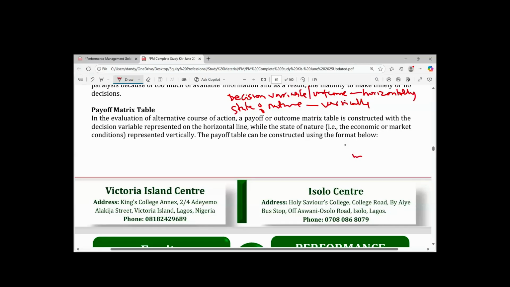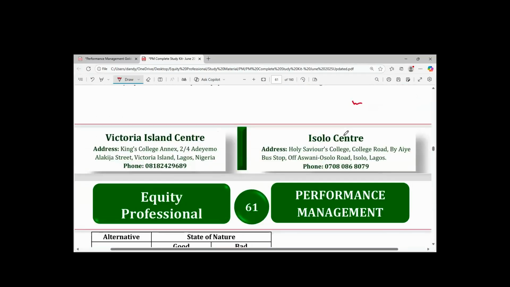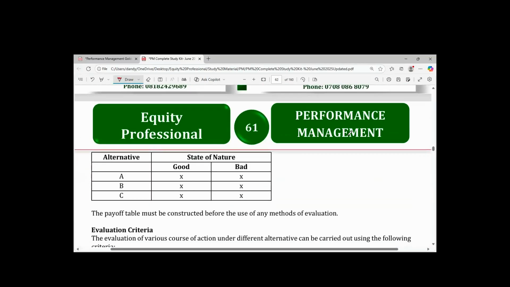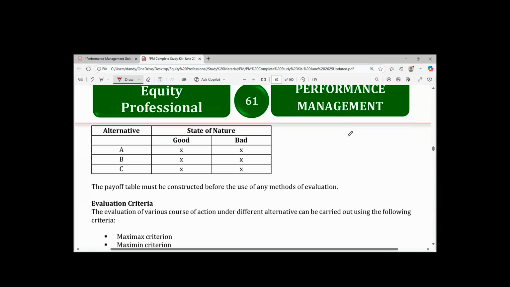You are going to represent it horizontally, while the state of nature, that is the event in the economy, should be represented vertically. So that is as per payoff table, and this is the format of the payoff table. The company may want to know whether they should produce alternative A, B, or C. Each alternative will be affected by the state of nature in the market or in the economy.